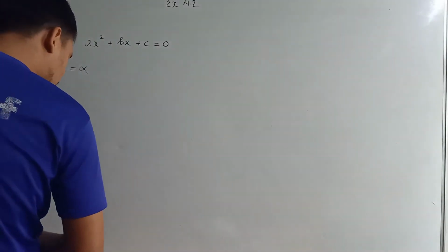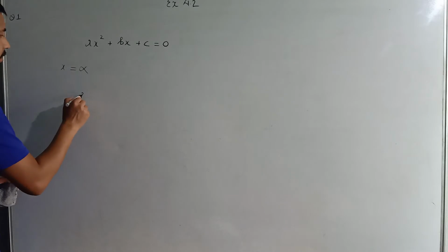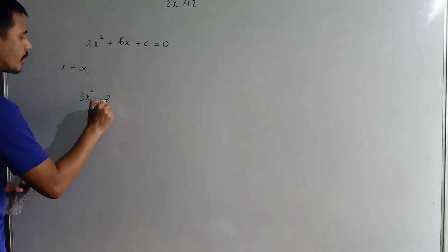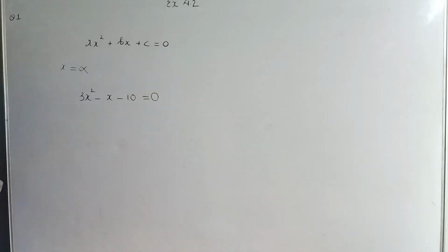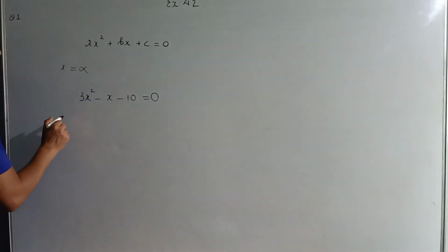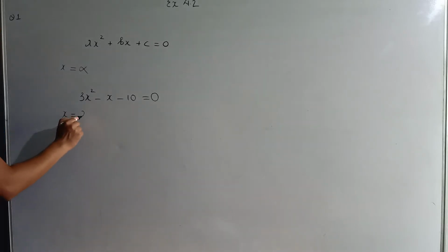Now let me give you one simple example. Consider a quadratic equation 3x squared minus x minus 10 equal to 0. And I'm going to substitute x as 2.